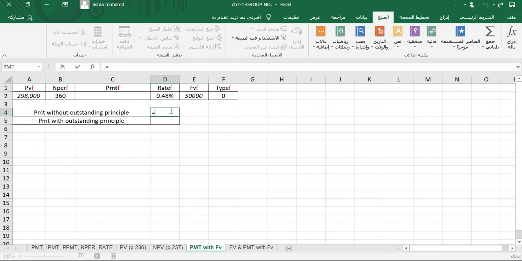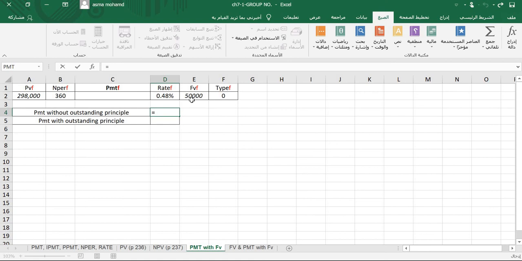So the PMT without an outstanding number: how much you are going to pay per month if you are borrowing this amount from the bank, but one time you will not have any outstanding principal, but in the other case you will pay at the end of the period 50,000 riyal.